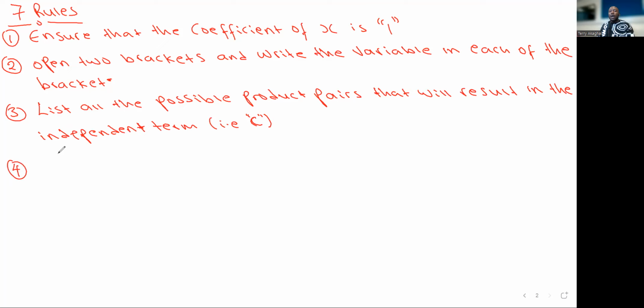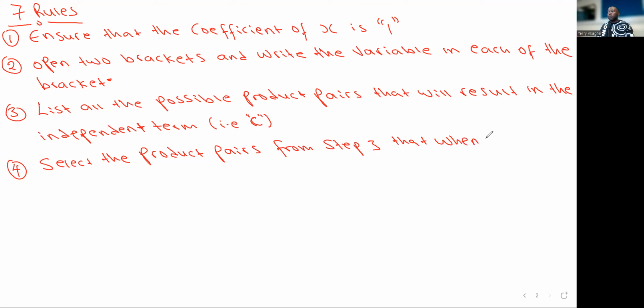Then number 4. Out of those pairs, you now select the product pairs from step 3 that, when you add them together, will give you the coefficient of x, the linear coefficient.